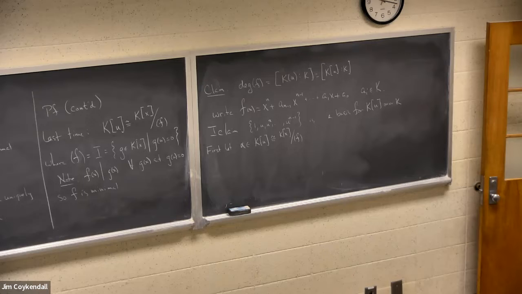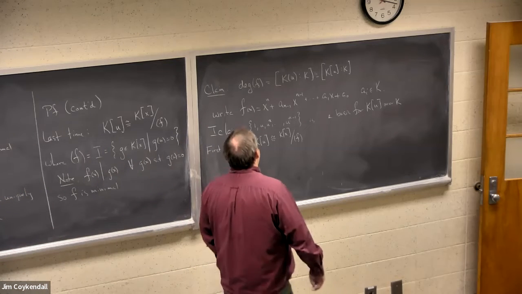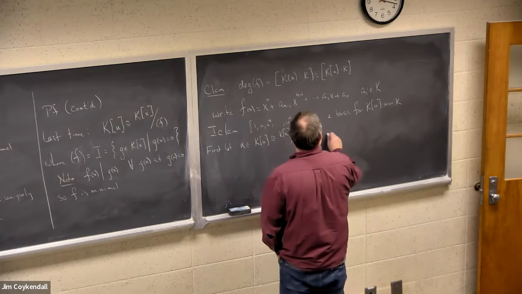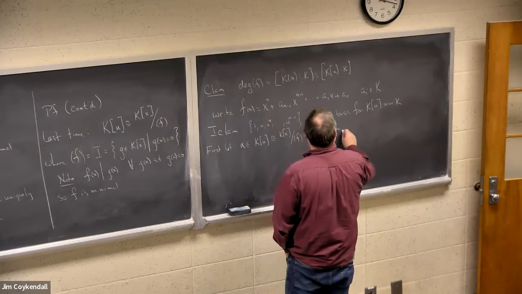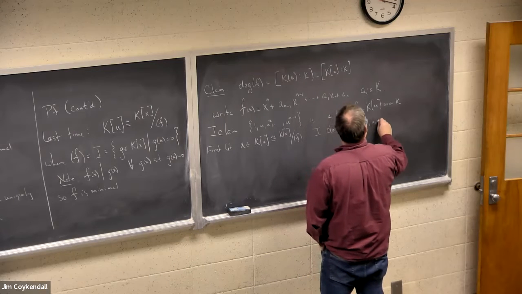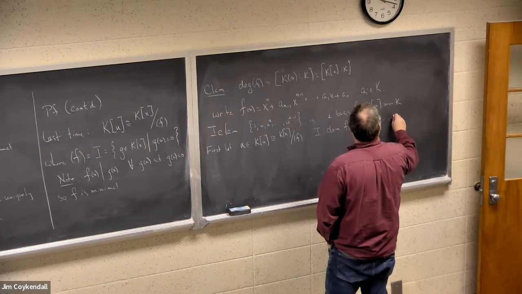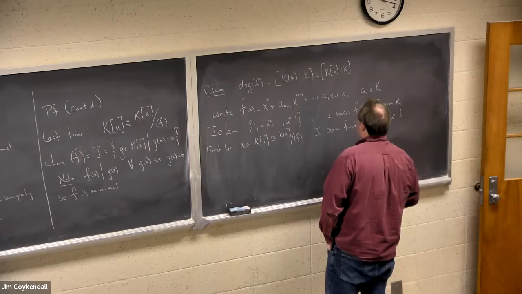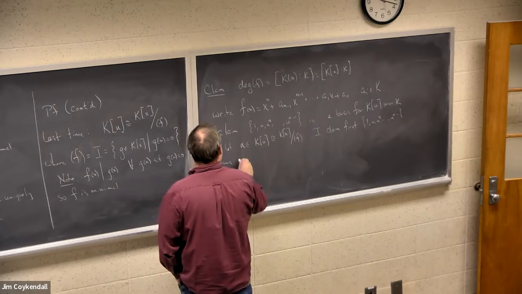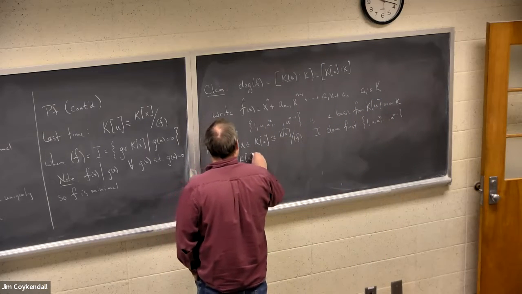So I claim first that the set 1, u, u squared, up to u^(n-1) spans K(u).